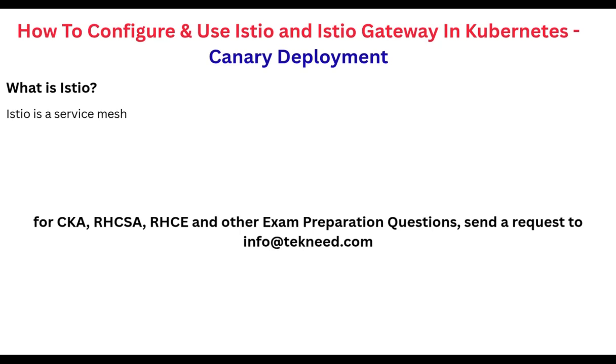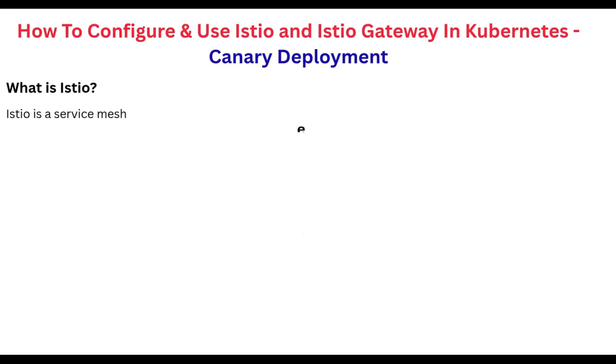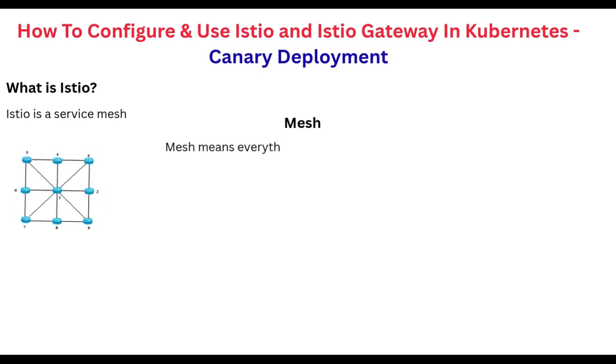To break this down clearly and to understand what Istio is from scratch, let's first understand the word mesh itself. Mesh is a dictionary word, and when you check what mesh means, it means that everything is connected to everything.